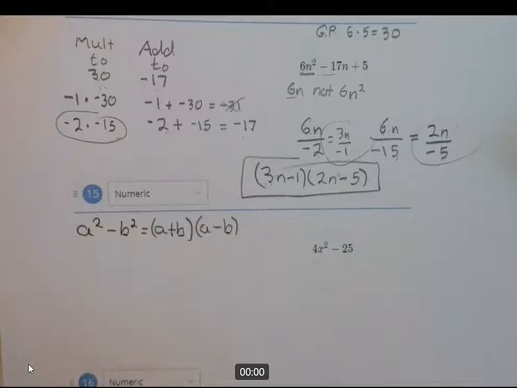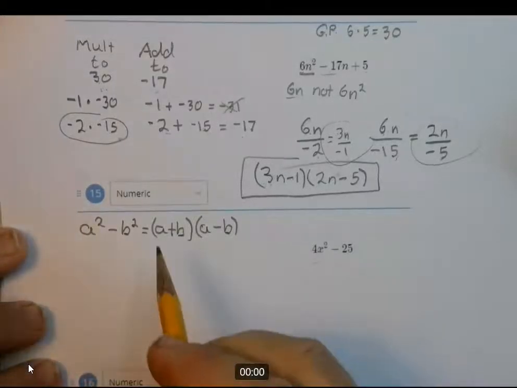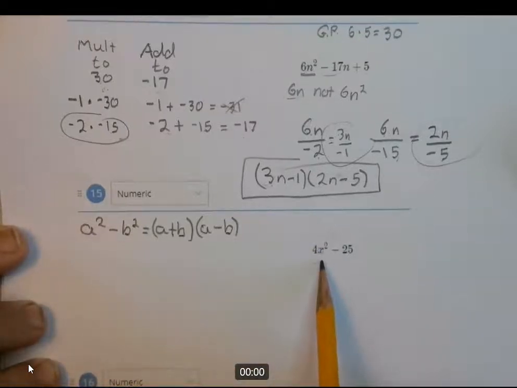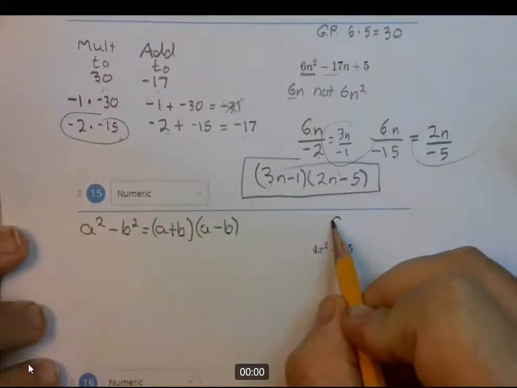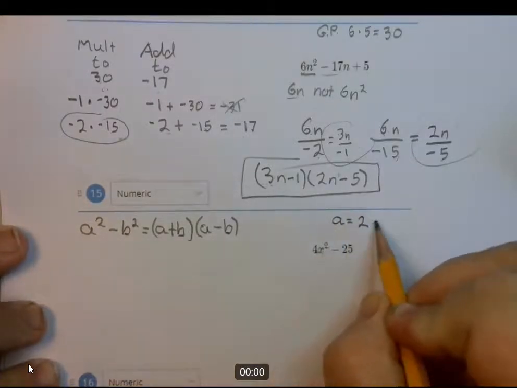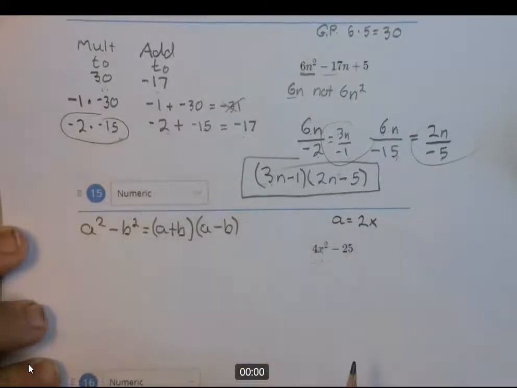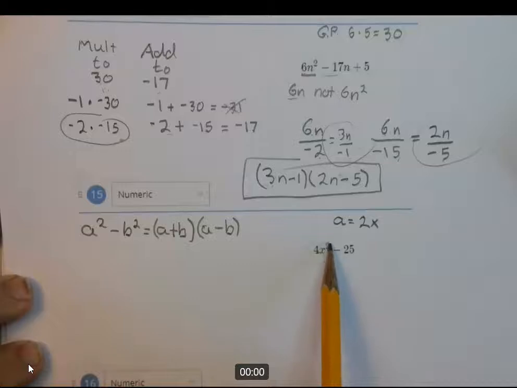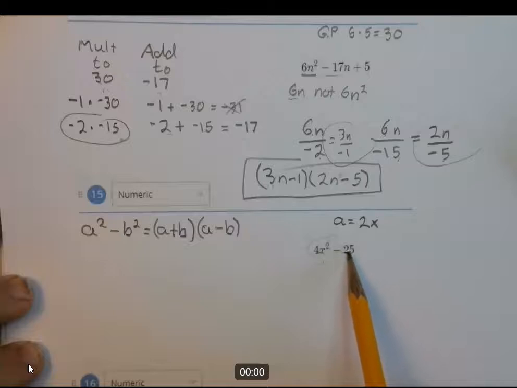The trickiest part of this problem is figuring out what is a and b here. So this is a squared. So a is the square root of this whole thing. So what is that going to be? Well, the square root of 4 is 2, and the square root of x squared is x. So that's a. Again, let me say that again. In this formula, it's a squared minus b squared.